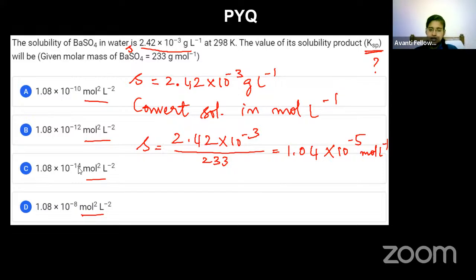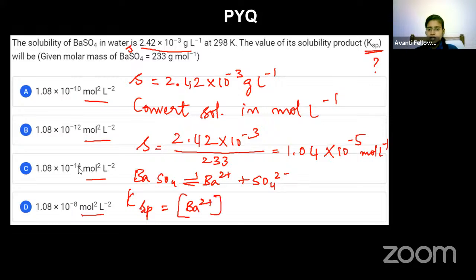Now we can proceed. BaSO4 can be separated as Ba2 plus and SO4 2 minus. Now the Ksp will be equal to Ba2 plus concentration into SO4 2 minus concentration.